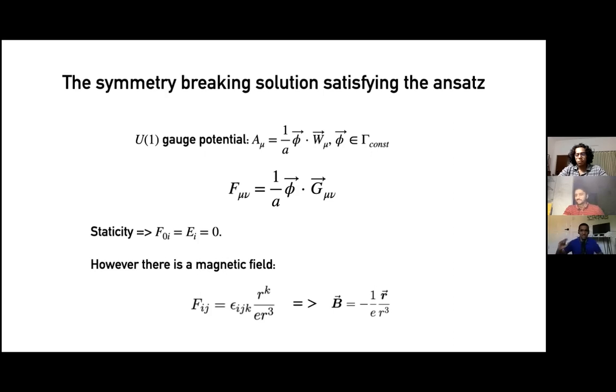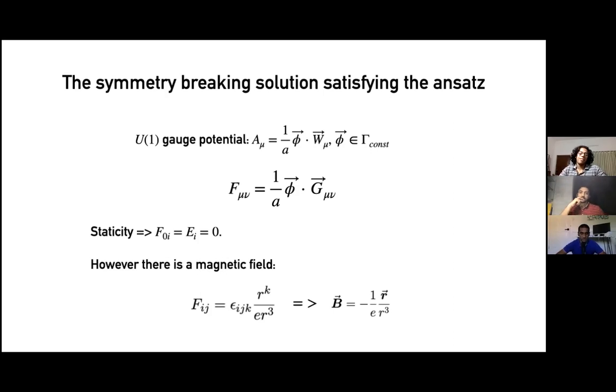Right, so you see the ones in the other directions gain a mass by eating the otherwise massless modes. So the remaining massless mode is actually in the direction of phi. So that's sort of the trick here.